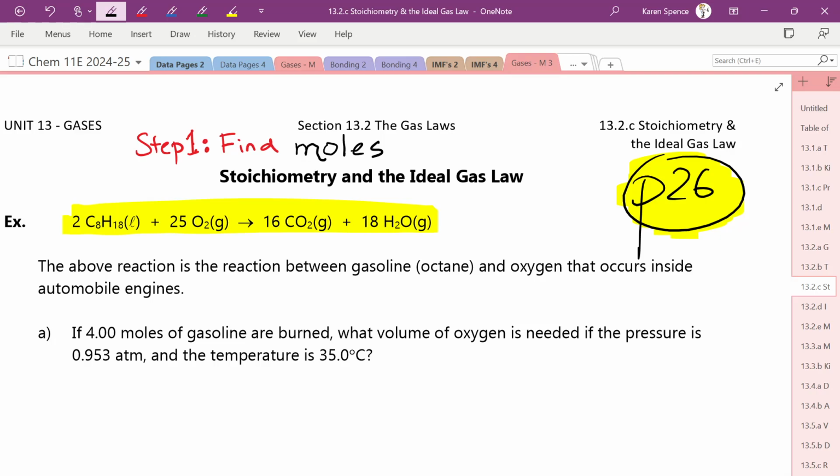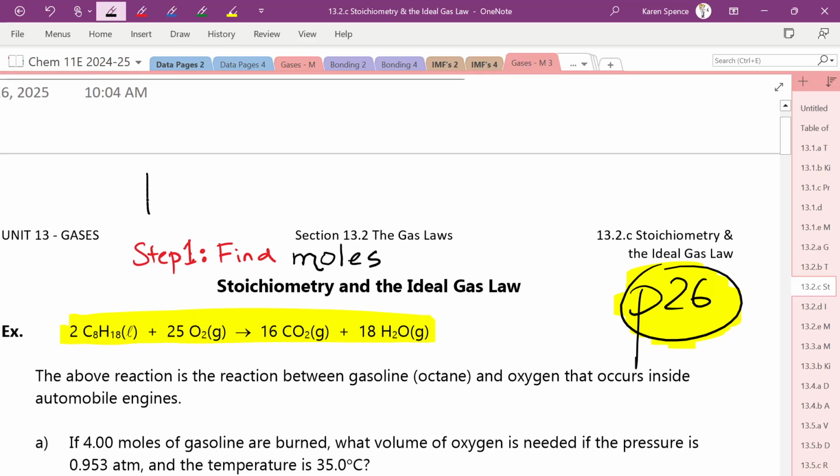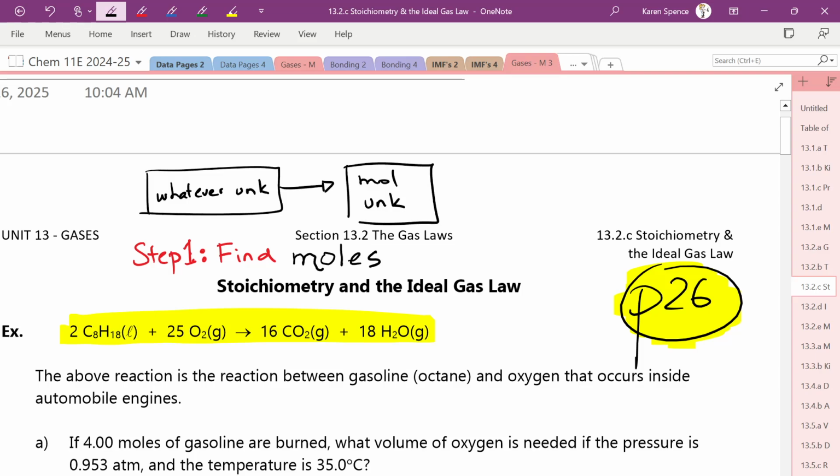Do you remember when we have stoichiometry, we have always got whatever of our unknown, and then we will find our moles of our unknown. So that's step one, find the moles. Step two, find the moles of our known.